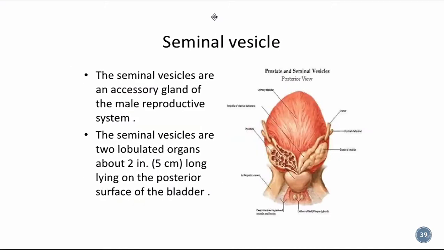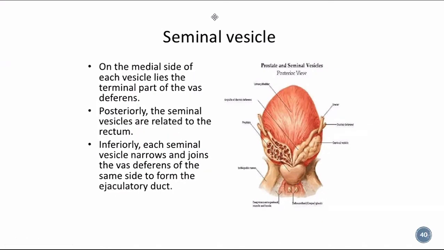Now, the seminal vesicles are accessory glands again of the male reproductive system. They are paired, lobulated organs about 2 inches long, lying on the posterior surface of the bladder. This is your bladder. This is the posterior side. These are your seminal vesicles. And these are your ductus deferens. This is your prostate. Are we clear on that?